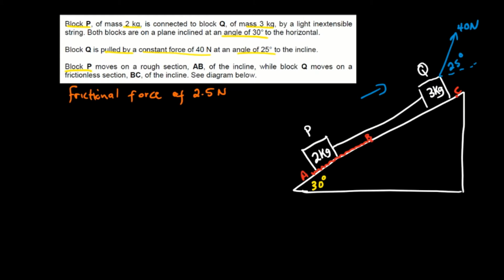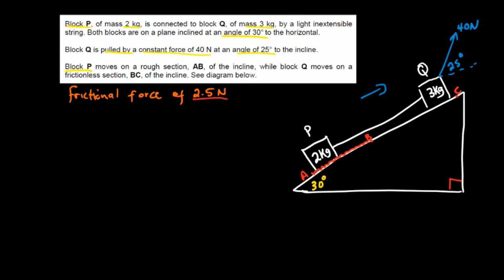So block P moves on a friction surface, and then the other one on a frictionless surface. Another thing is the friction, which we are told to be 2.5 newtons. Okay, fine.